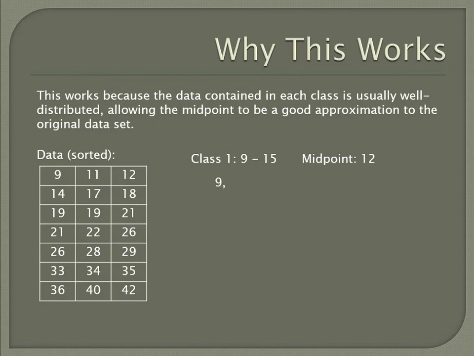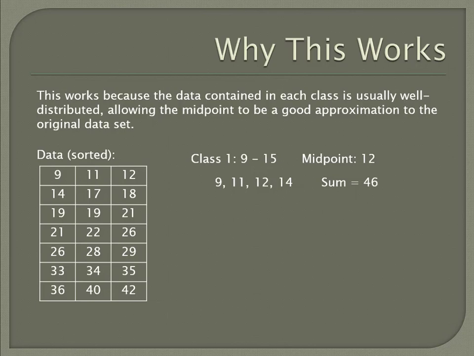So in the original data set, all the values between 9 and 15 were 9, 11, 12, and 14. What we did is estimate those values with the value 12 each time. And it's perfectly fine in terms of a mean to estimate values, because in the mean, only the total in the numerator really makes a difference.